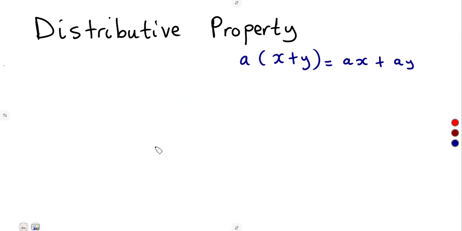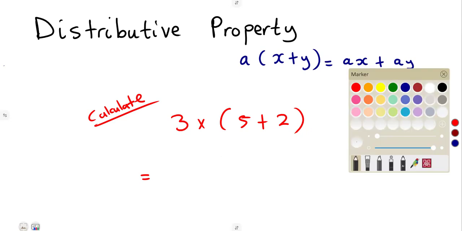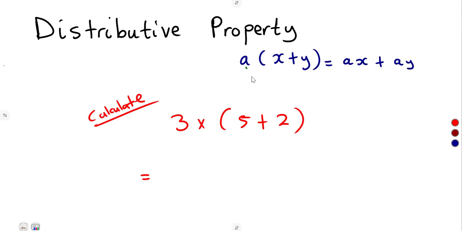Mostly when you are given, simplify or evaluate or calculate without using a calculator, 3 times, you're given 5 plus 2. 3 multiplying a bracket. So this here, if you are given to calculate, this simplifies to a times x, a times y.